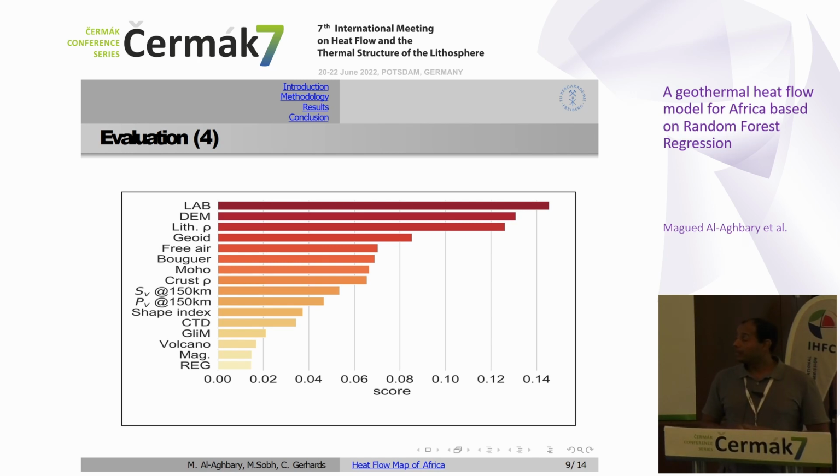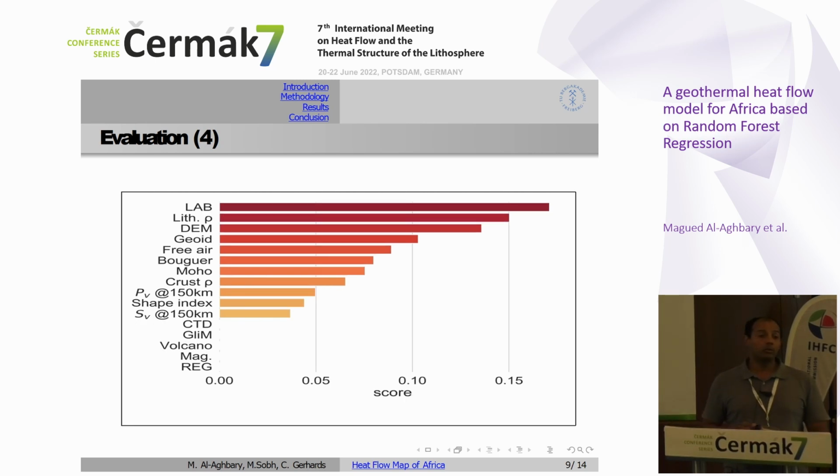And as you can see, there are some observables that are more important than the others. And this ranking is based on how those observables correlate to each other and correlate to geothermal heat flow measurements. And we found our sweet spot by reducing it to 11. And what I'm presenting to you is the model based on those 11 geo-observables.